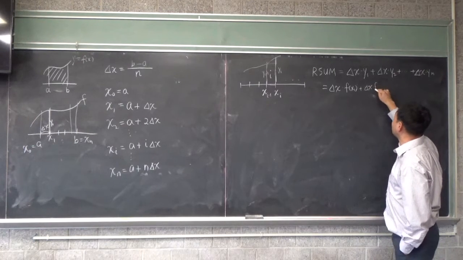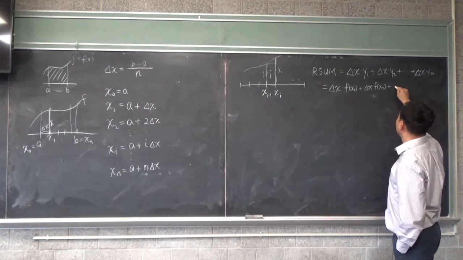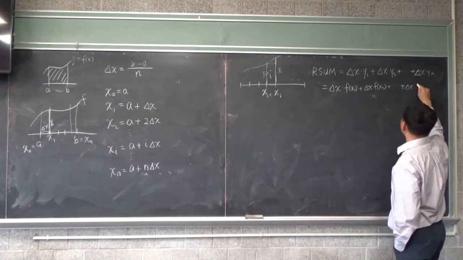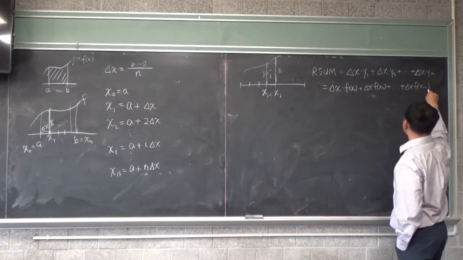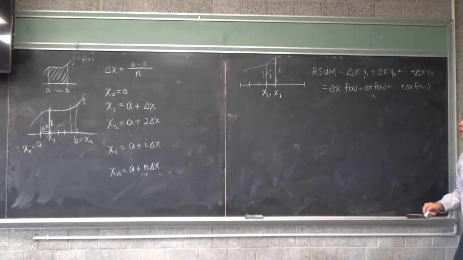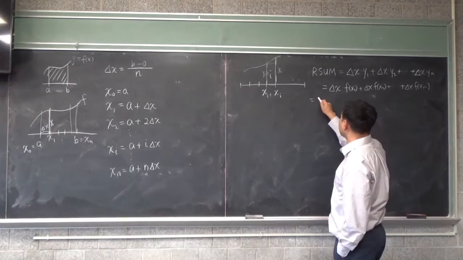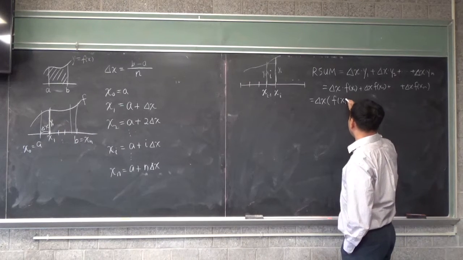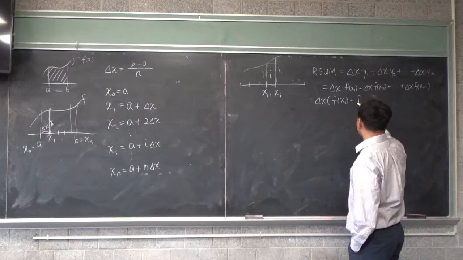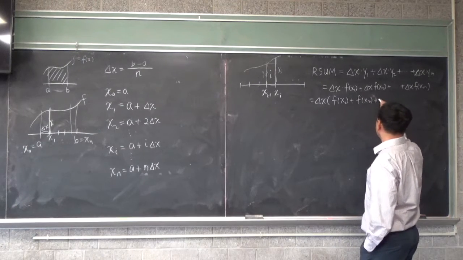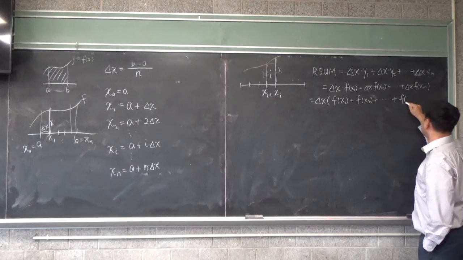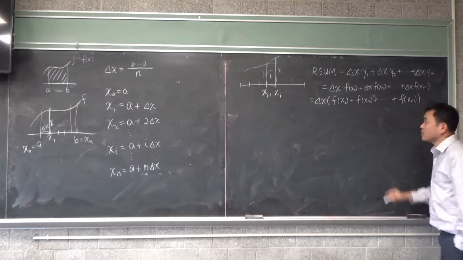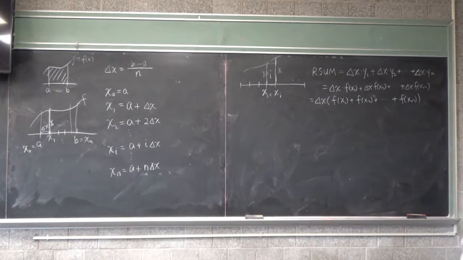Delta x times f of x2, all the way up till delta x times f of xn. And then you can factor the delta x out, which gives you the formula, and that's called the right sum.